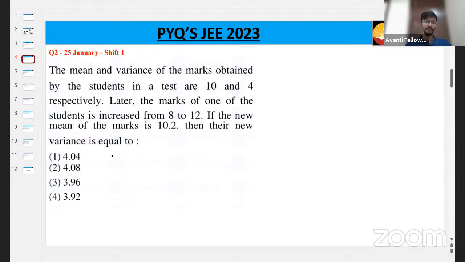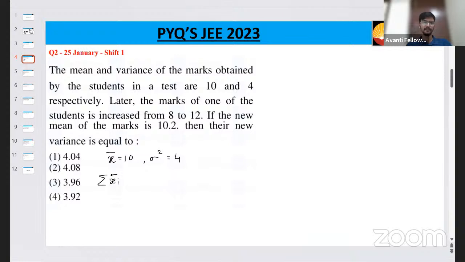So let's say the mean x bar is 10, sigma square is 4. Later, the marks of one of the students increased from 8 to 12. If the new mean is 10.2, then the new variance is equal to.